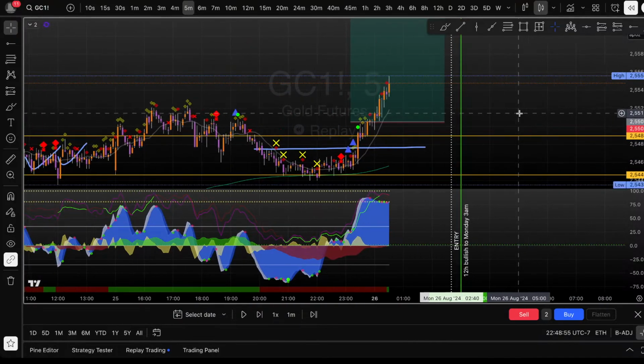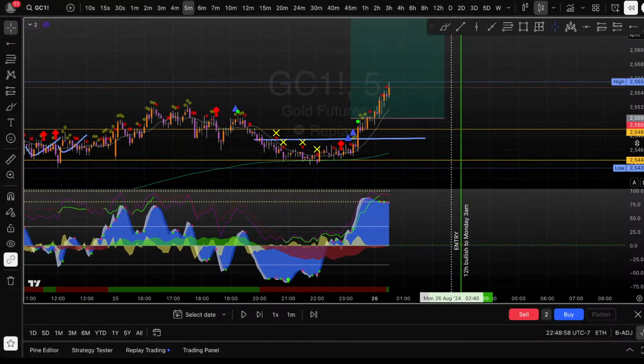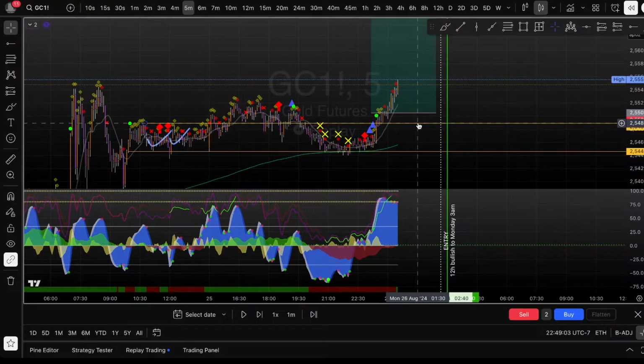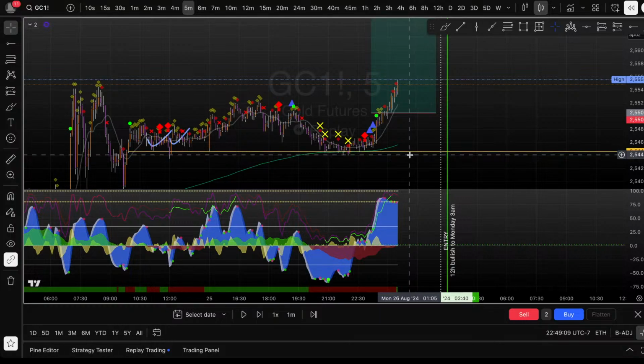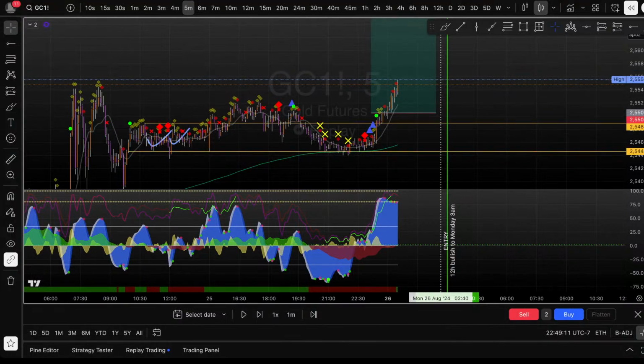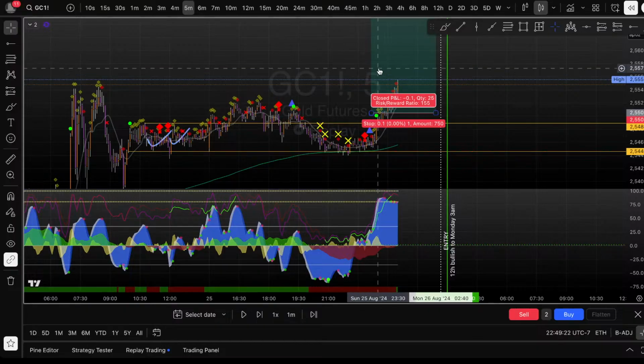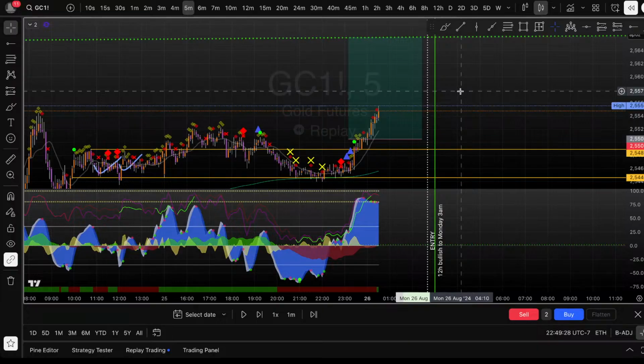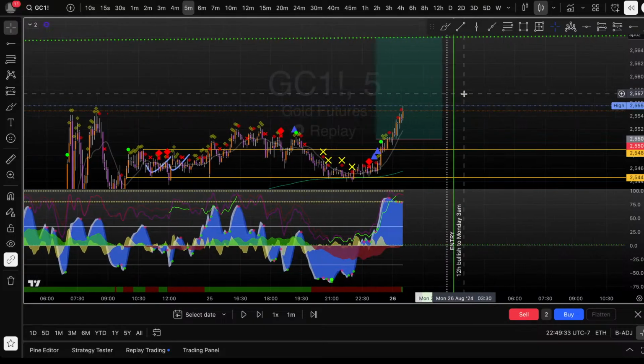We just need to see or stay above our stop and keep pushing. Keep pushing. Keep pushing. All right.